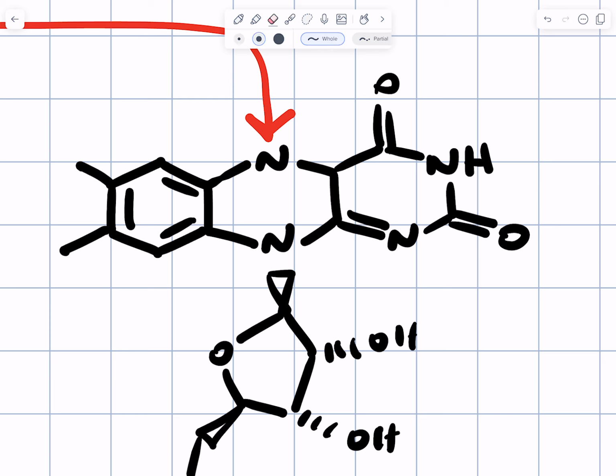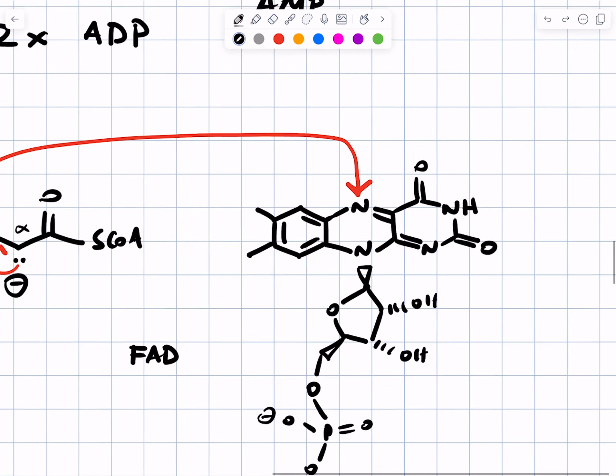So I could draw a resonance structure that would look like this, with a negative charge on this carbonyl carbon and a positive charge on that nitrogen. So by resonance at least, that nitrogen is electron deficient and it can accept a hydride.